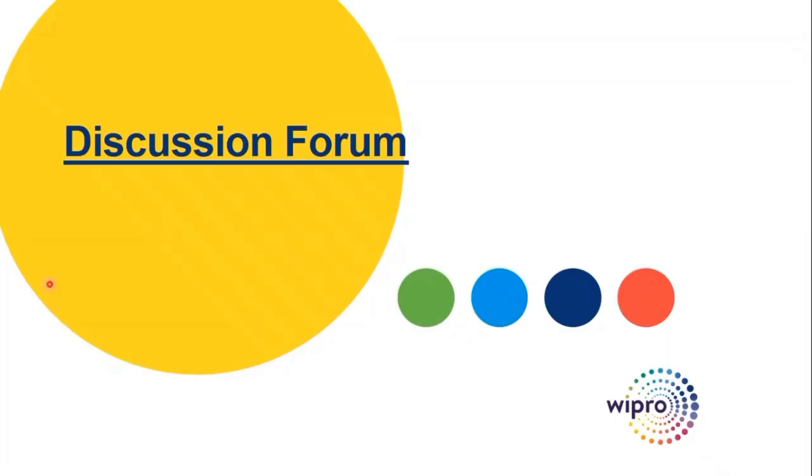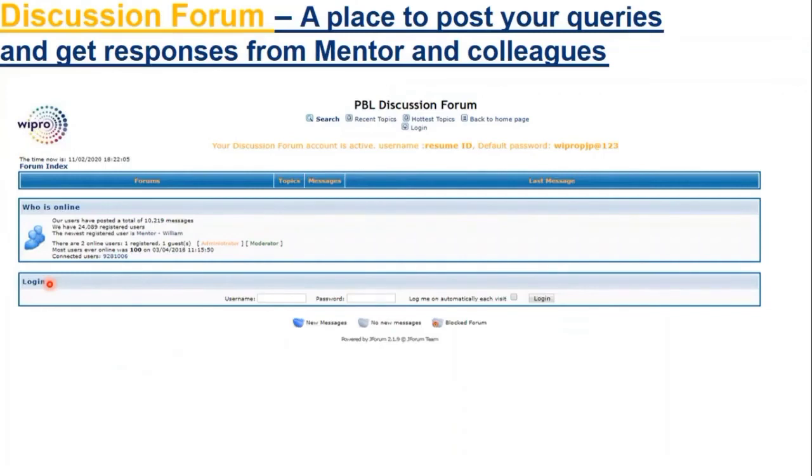The link for this is again given on the main page, so you can just click on that. Once you log in to the discussion board, you'll get a list of forums which you are going to use for your query posting, right?